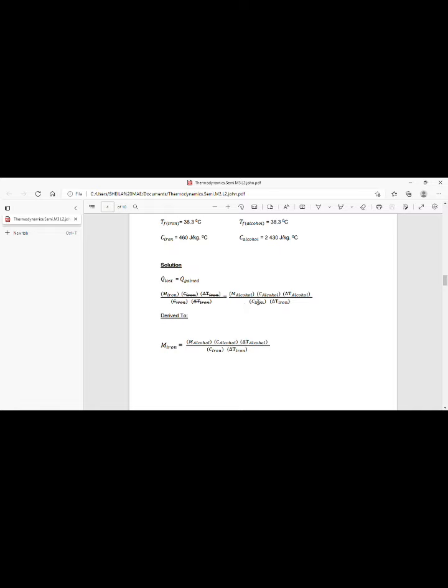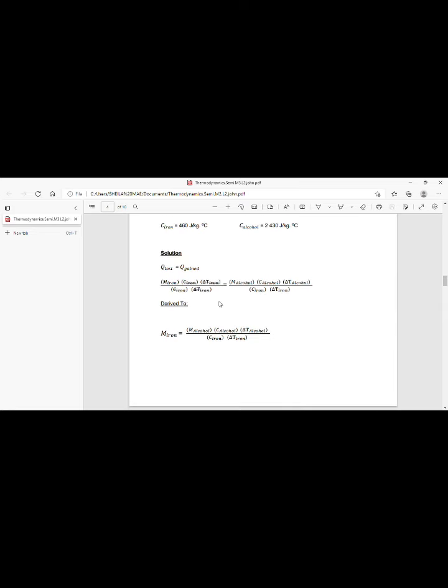As you can see, the only one that remains is the mass of iron. The mass of iron is equal to the mass of alcohol times specific heat of alcohol times the change in temperature of alcohol, which is the delta T, over the specific heat of iron and the delta T of iron.